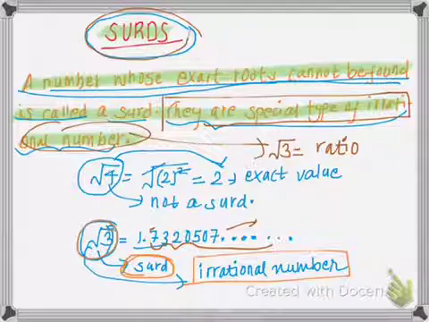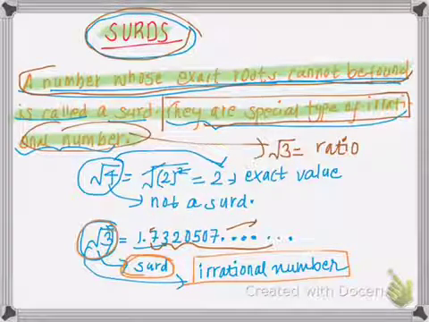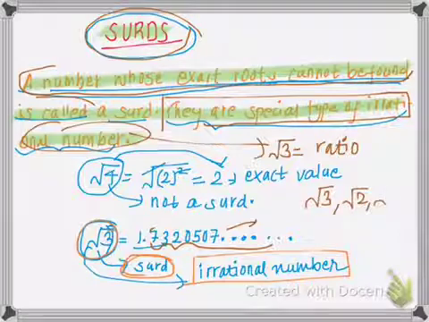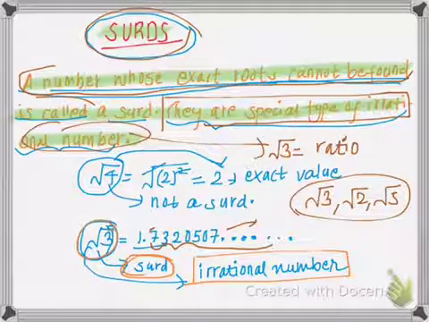And surds, once again I'm going to repeat, is any number whose exact root cannot be found. So as we cannot find the exact root for root 3, 2, 5, all these numbers are surds. So I hope you got the concept for surds, rational and irrational numbers.